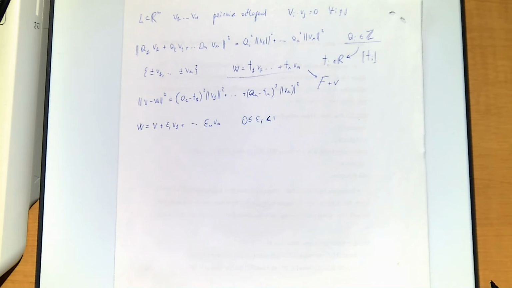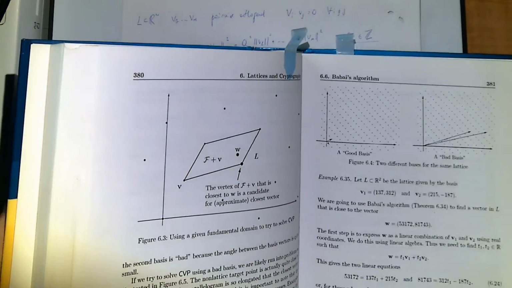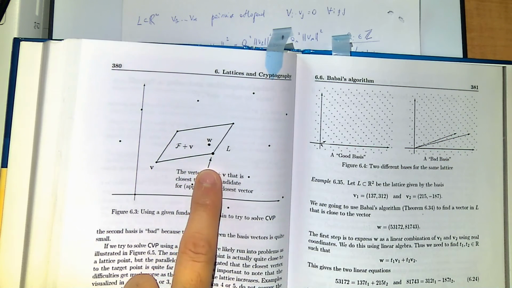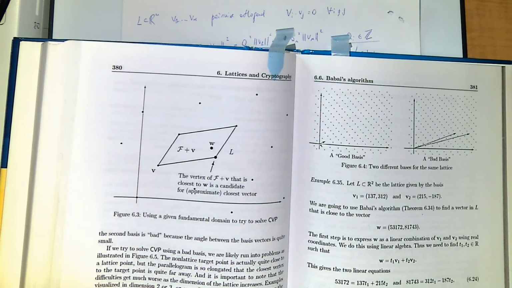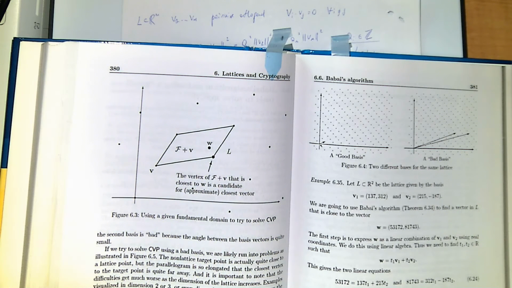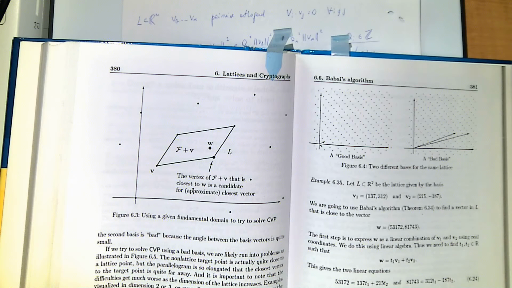So we're trying to approximate. The idea is exactly this one. I'm not going to draw it again because you have it in the book. But you see, if you have a vector w, you're going to look for the closest point in the fundamental domain, and this is a candidate for what the approximate closest vector is.